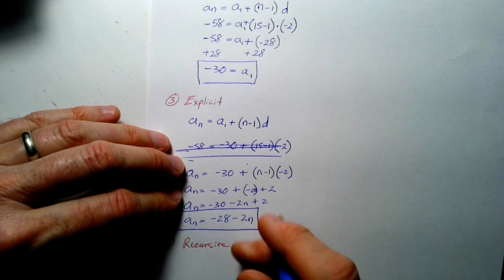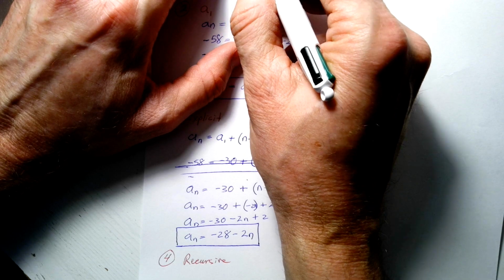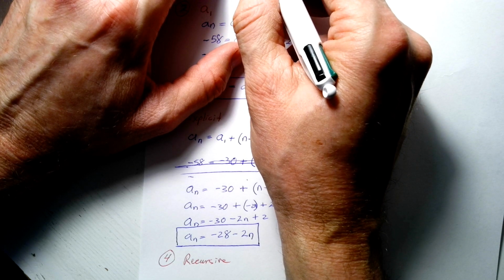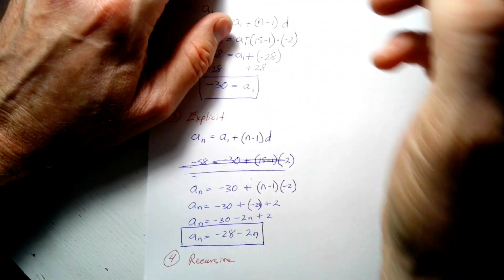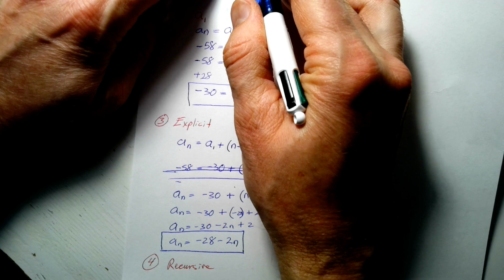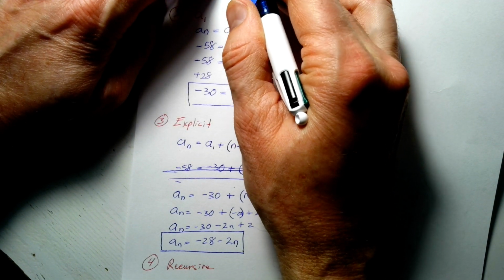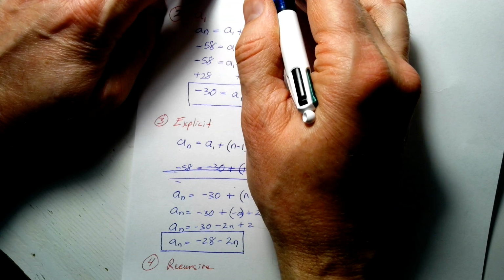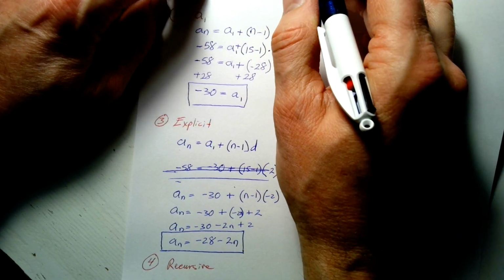If you have something like A15 and you want to know what the next thing is, remember they're all separated by the same amount, and that's d. So A16 is negative 60, and A17 is negative 62. It's just minus 2 each time until we get to A34 with a negative 96.